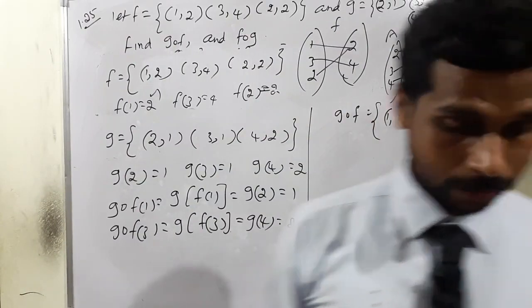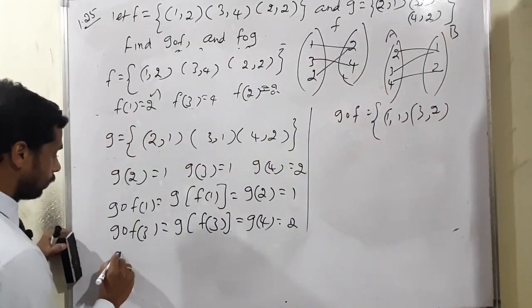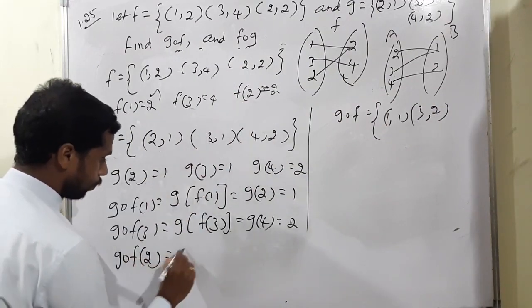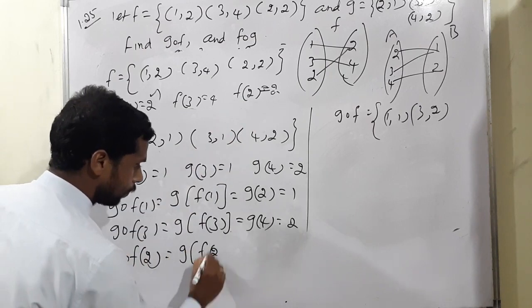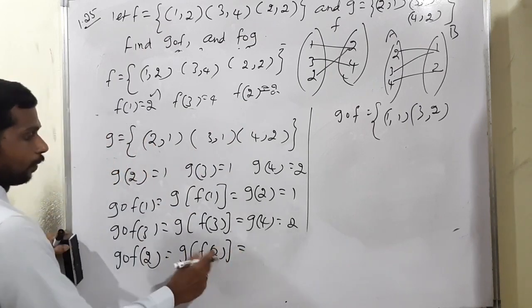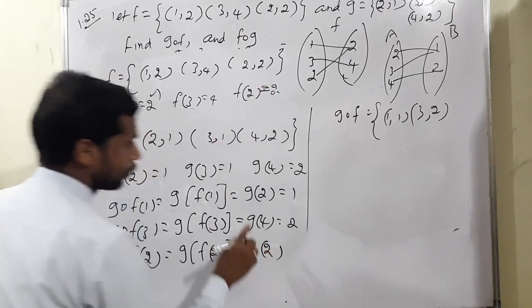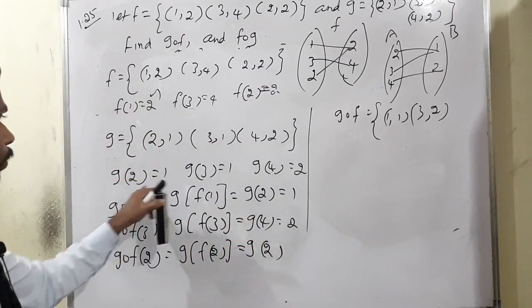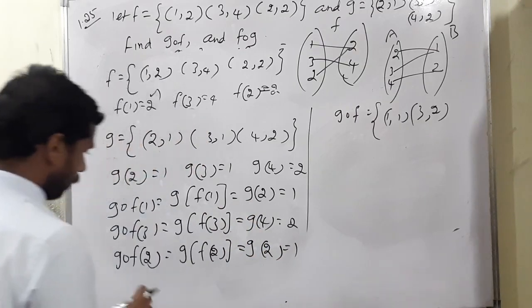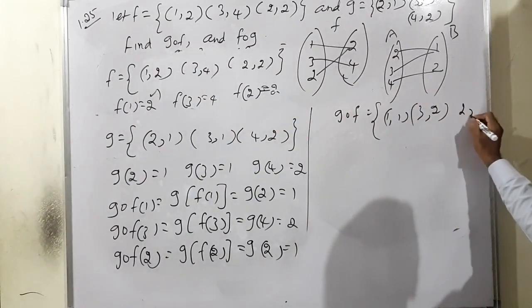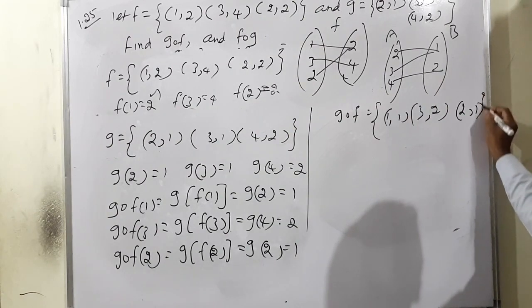Next case, g dot f of 2, again g of f of 2. f of 2 is equal to what answer? 2. So g of 2 is equal to output 1. Therefore again (2, 1), isn't it?